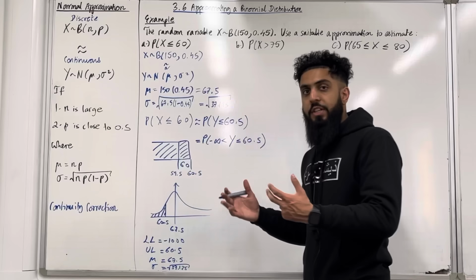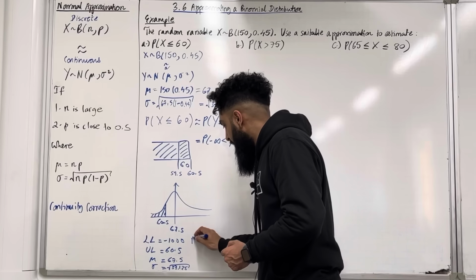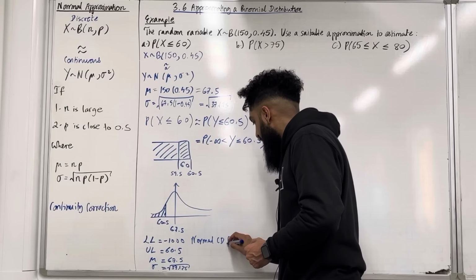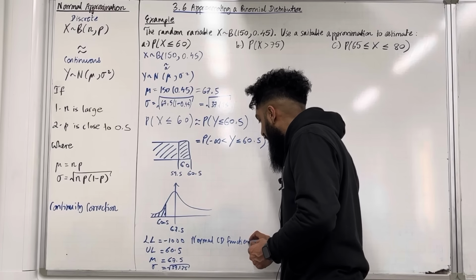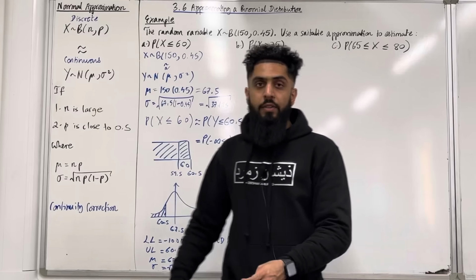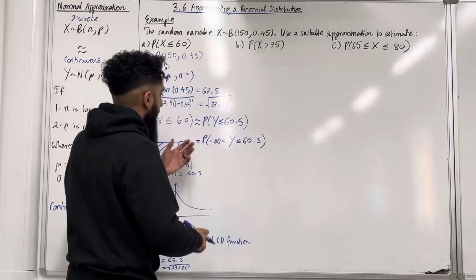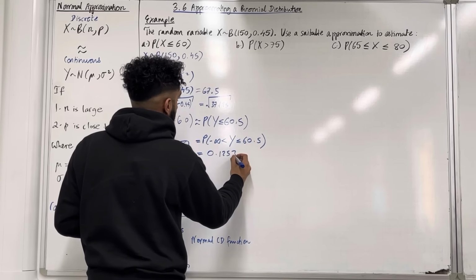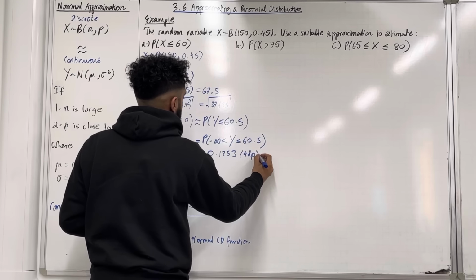Okay, so now I'm going to be using the normal CD function in my ClassWiz calculator in order to find this probability. So if I use my ClassWiz calculator, I get that this probability will equal 0.1253 to 4 decimal places.